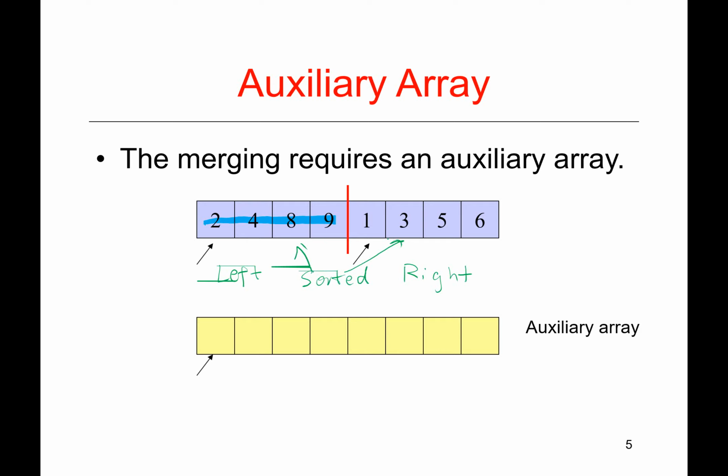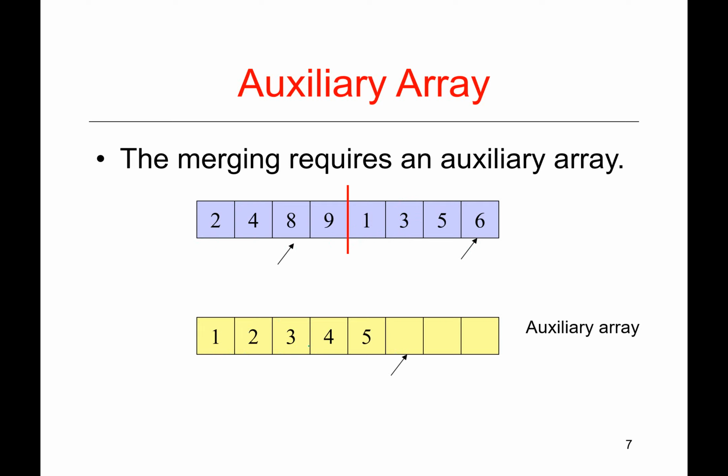And when you merge them, we use pointers for the left part and the right part, and compare the elements, pick up the smaller one, and put it in the new array from the beginning to the end. Then you move the pointers to the next position and compare the elements at these two pointers, and pick up the smaller one for the next position.